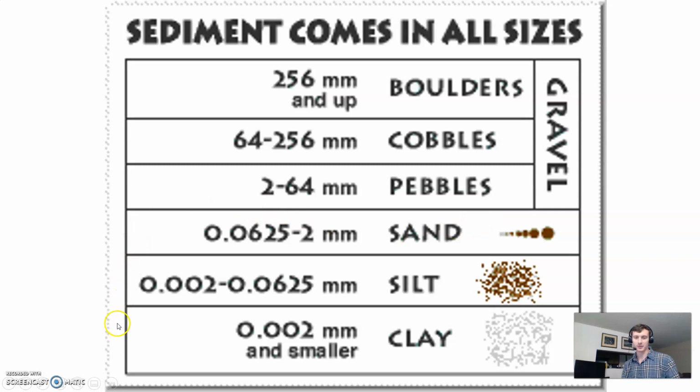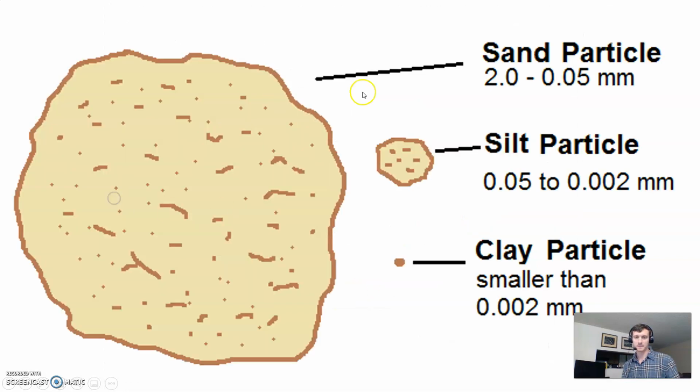And then all of our small stuff, silt and clay. Just to give a visual to compare, imagine we go to a beach, we've got a sand particle, and we blow it up on a microscope real big, and it looks like this. For comparison, this is what silt would look like here. And then all the way down here would be a tiny little clay particle, difficult to spot individually, even with magnification.